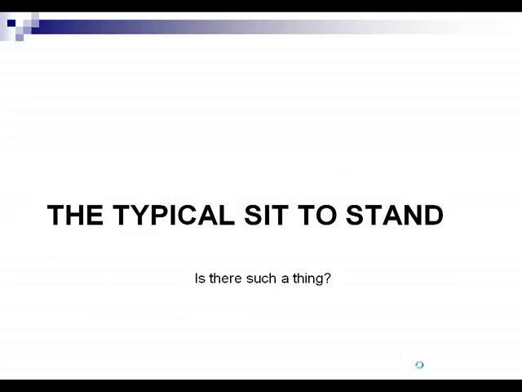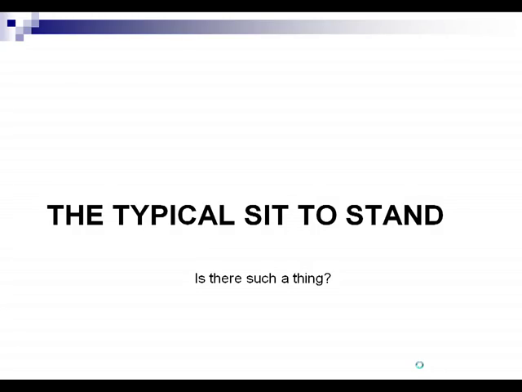Now, before we actually look at how to describe the sit to stand movement, I just want to discuss a little bit about the typical sit to stand, and is there such a thing?